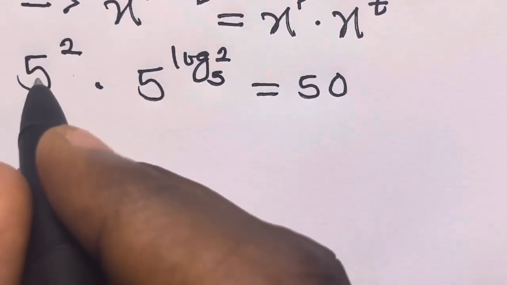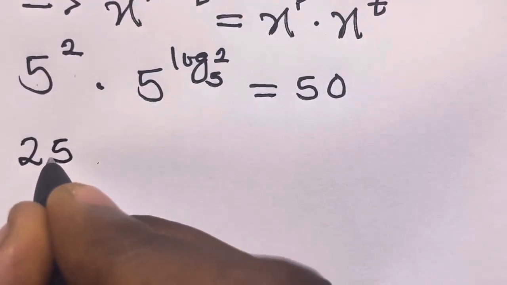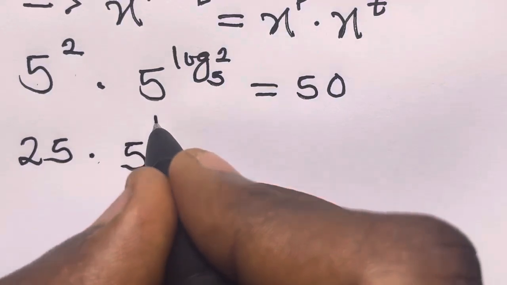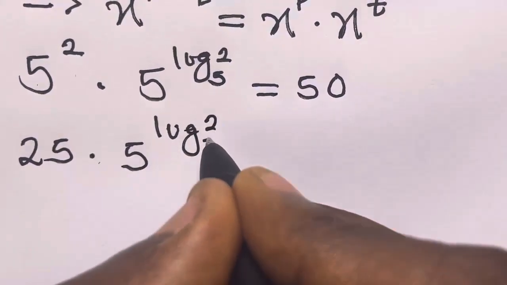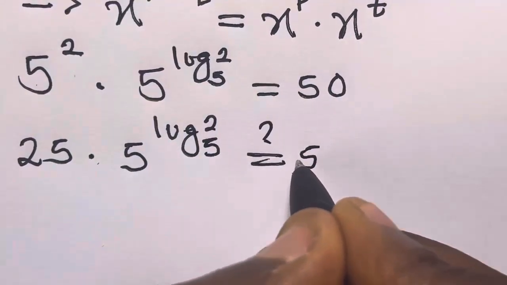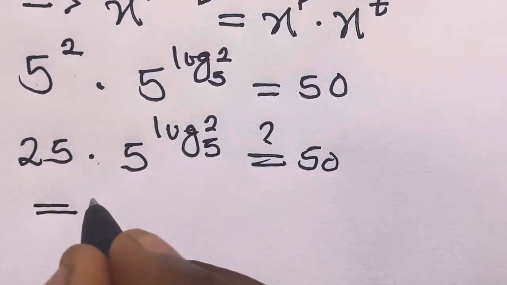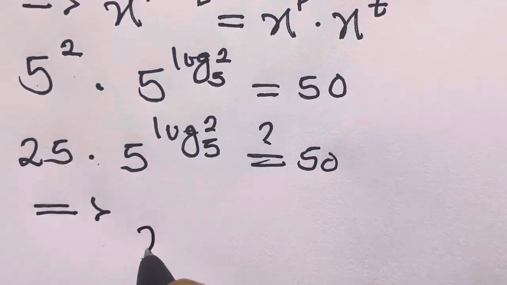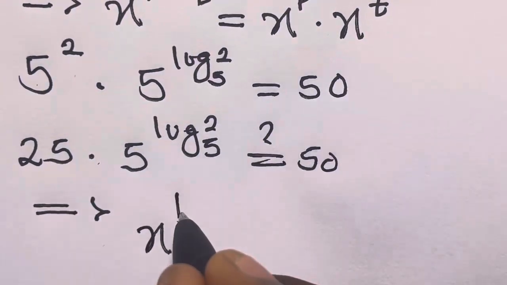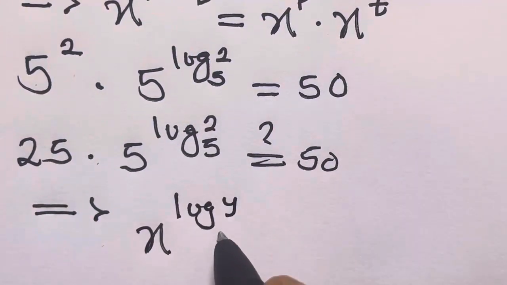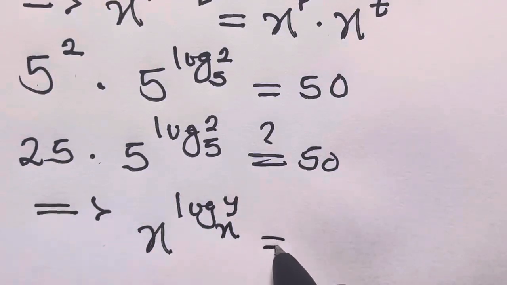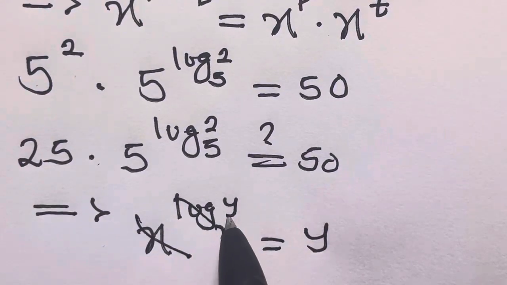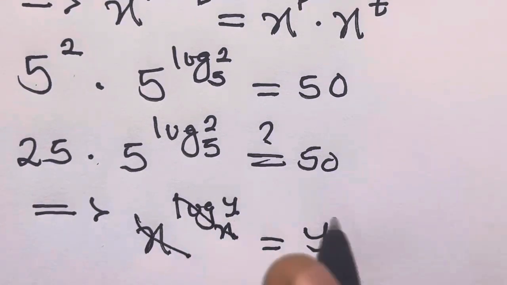Here we have 5 raised to power 2 gives us 25 multiplied by 5 raised to power log 2 in base 5, and this equals 50. So here recall that if we have x raised to power log y in base x equals y, because this cancels this, we will be left with y.